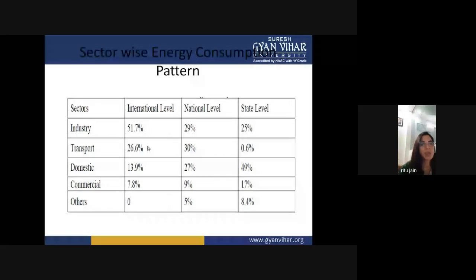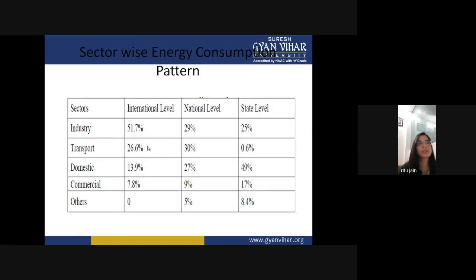At commercial level, this is 7.8%, national level it is 9%, and state level this is 17%. Others, international level is 0, national level is 5%, and state level is 8.4%.